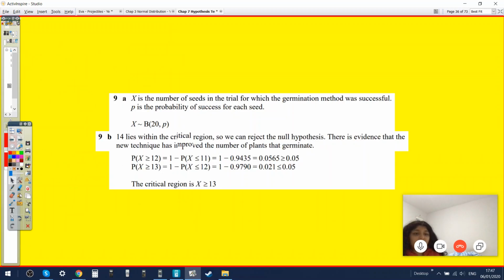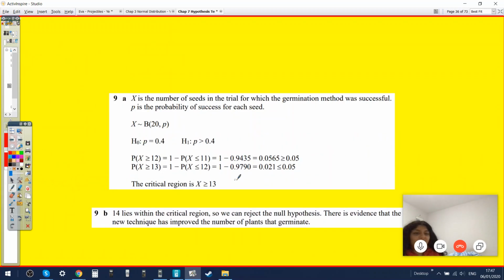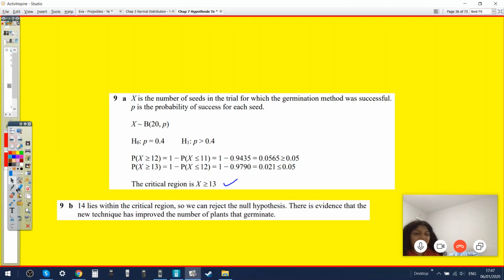Yep. A paragraph to memorize on how you write the conclusion for a hypothesis test. You literally have to write that. Yeah. 14 lies within the critical region, so we reject the null hypothesis. There is evidence that the new technique has improved the number of plants that germinate. Great.